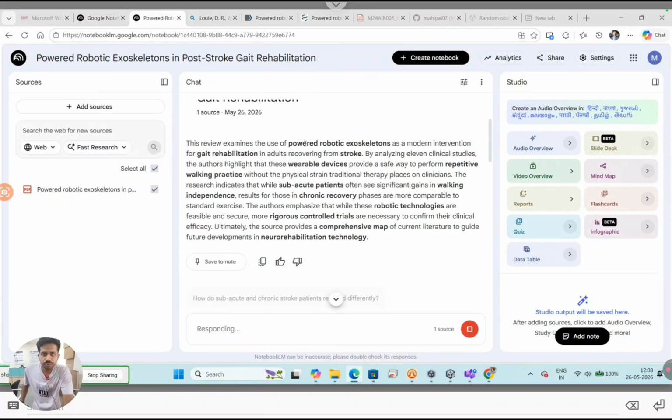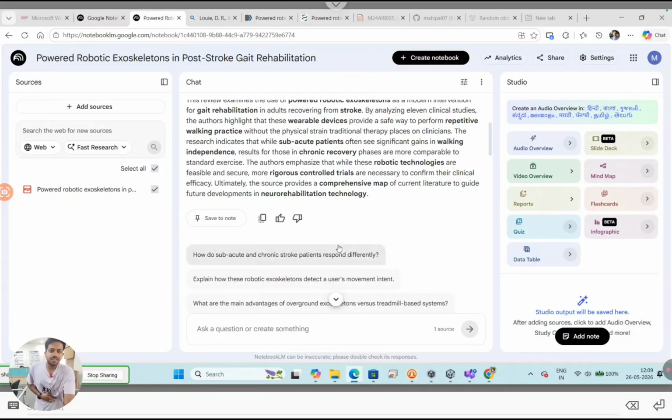This review examines the use of powered robotic exoskeletons as a modern intervention for gait rehabilitation and other forms. By analyzing 11 clinical studies, the authors highlighted that these wearable devices provide a safe way to perform repetitive walking practice without physical strain on clinicians. The research indicates that while subacute patients often see significant gains in walking independence, results for those in chronic recovery phases are more comparable to standard exercise.